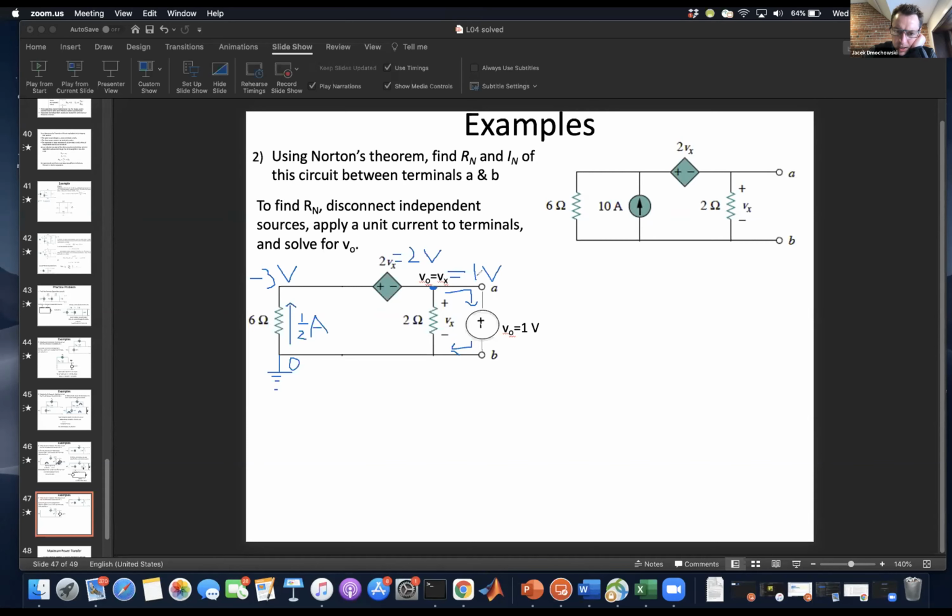The current from here to here is undetermined because V0 is equal to 1 volt. So these 2 points are both at 1 volt, but there's also no resistance between them. So unfortunately, I don't think that this would actually work, unless you assume that this 0.5 amp ends up flowing down the 2 ohm resistor, then you're set. Then you know that V0 is equal to 1. And you know that I0 has to, let's see.